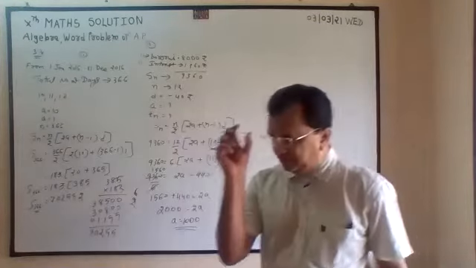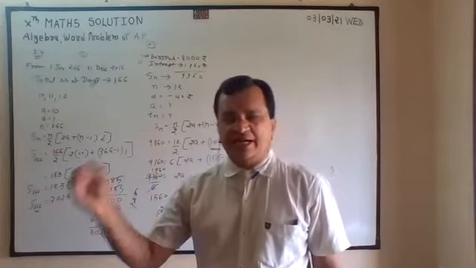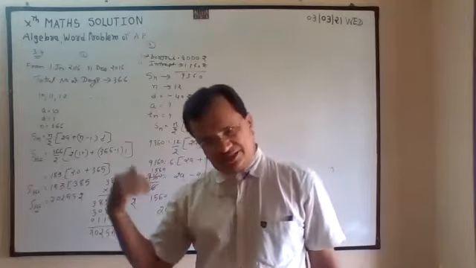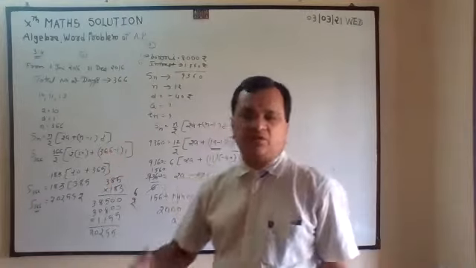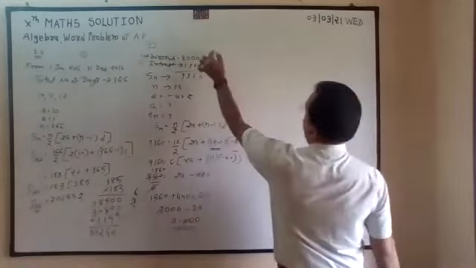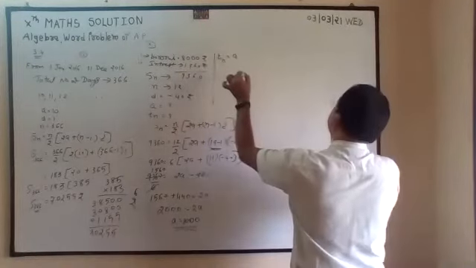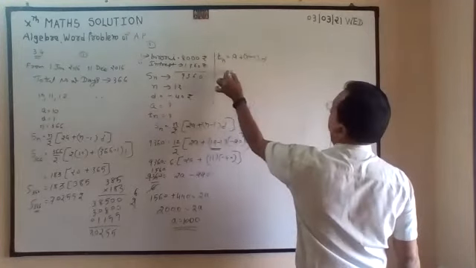So the first time he will give 1000, then reduce 40, 960. Third installment 920. Next installment 880. Like that, decreasing. The 12th term will be how much? So Tn is equal to a plus n minus 1 d.